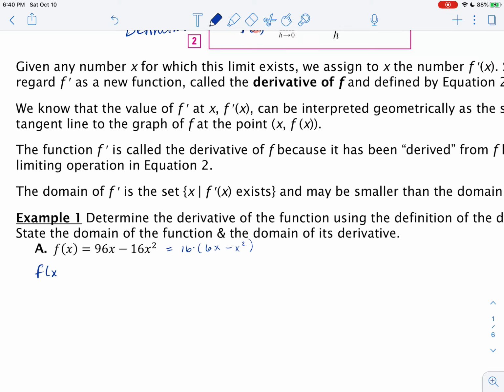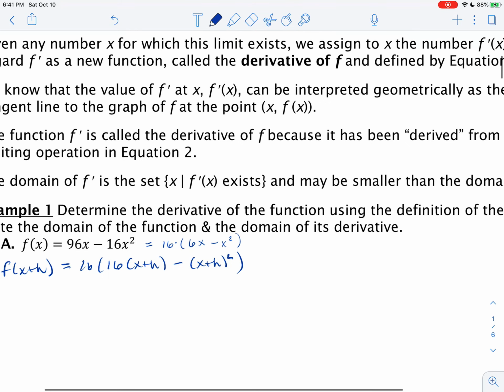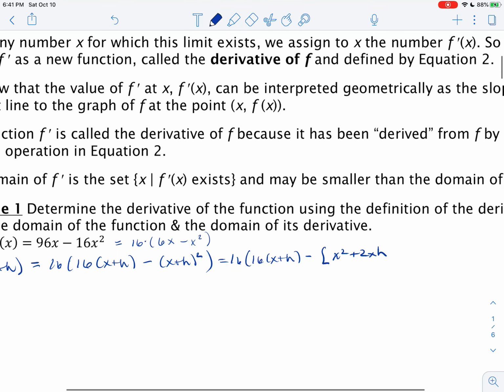I know that then f of x plus h is going to be 16 times 6 times x plus h minus x plus h squared. And if I simplify that, I get 16 times 6 times x plus h, take away x squared plus 2xh plus h squared.